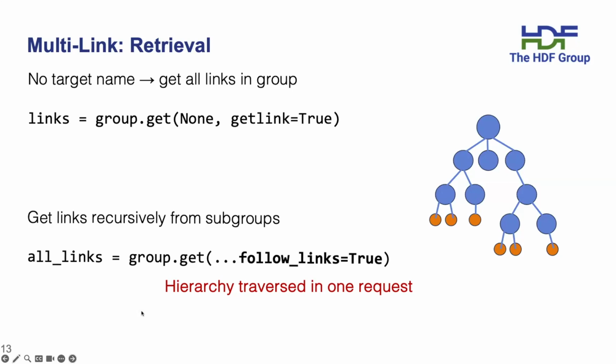And so now within that target group, you're not just getting link information directly in that one group, but also information on any link in a subgroup of that group, or in a subgroup of a subgroup. So you can traverse this entire, potentially very complicated, hierarchy structure in a single request over the network. Otherwise, you might say, okay, one request to go see what's in this group, one request to go get information on that particular group, just a bunch of requests piling up to traverse each little aspect of the structure. Now it's all done in one request.